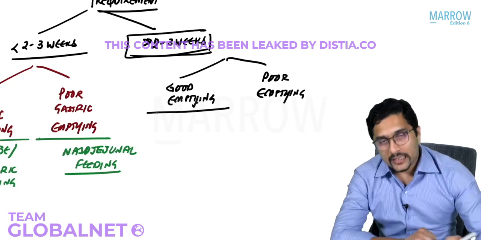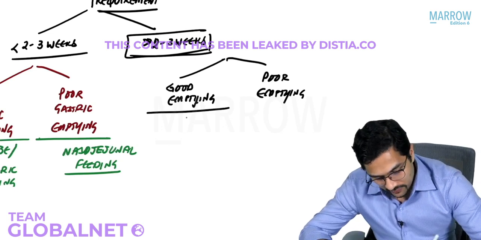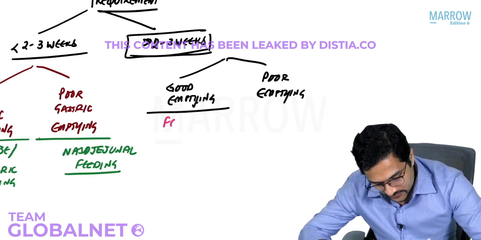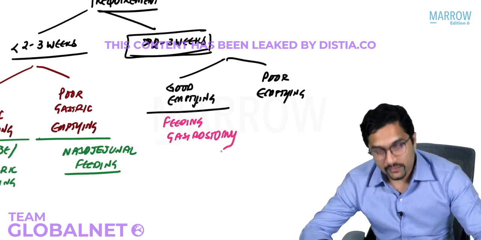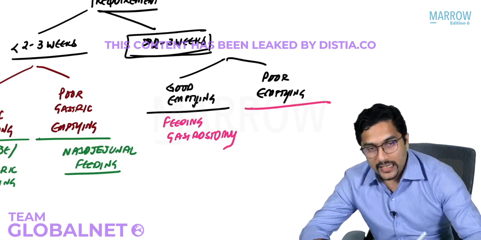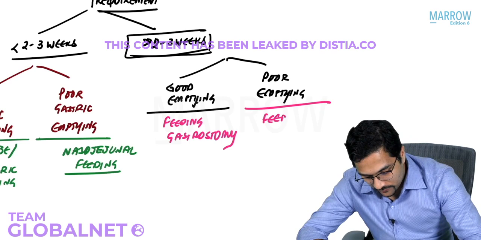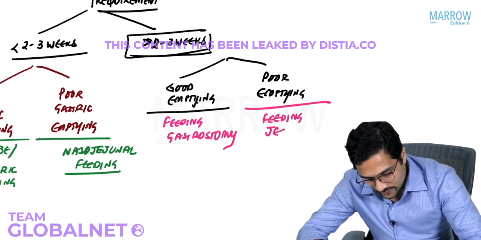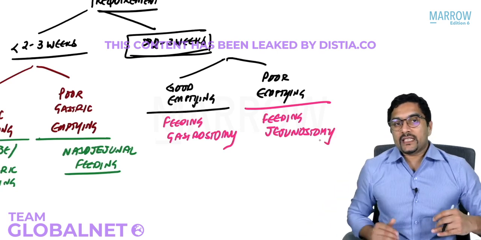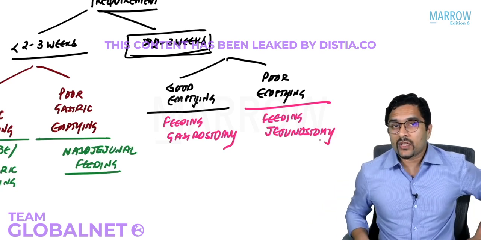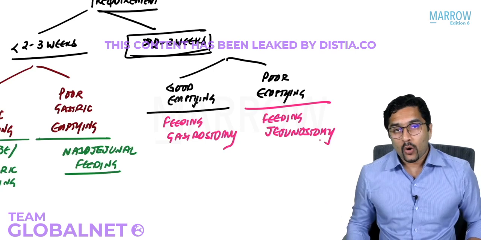So if there's good gastric emptying, then a feeding gastrostomy will be done. Whereas if there's poor gastric emptying, then we will carry out a feeding jejunostomy. So these are feeding tubes which are put inside the stomach or the jejunum.